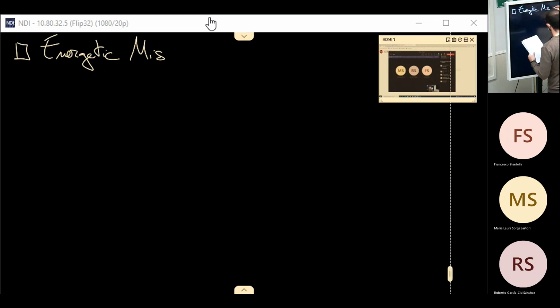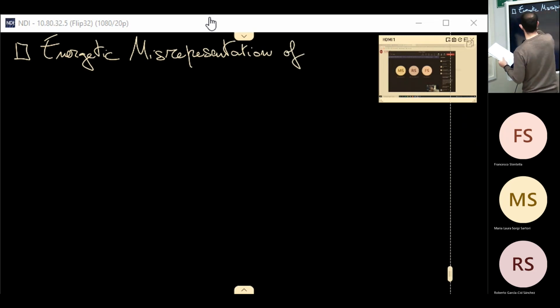So we'll go back to where we were yesterday. The subject of the lecture will be, again, the energetic misrepresentation connected to the representation of rigid body motion, or rigid motion.